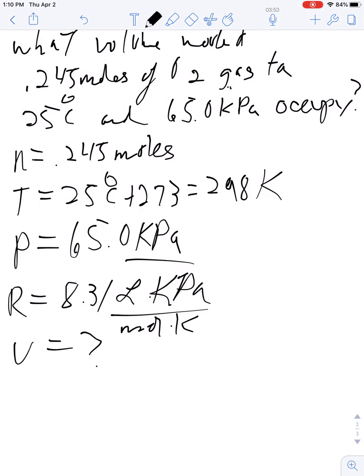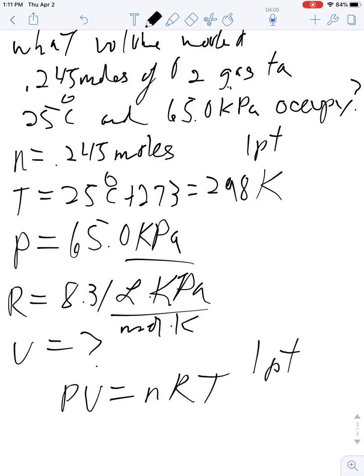So we've got our equation, PV equals nRT. If this was a traditional class, it'd be 1 point for writing down the info, 1 point for writing down the equation. And now, through the magic of algebra, we're going to solve for volume.